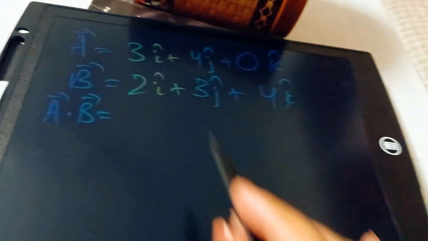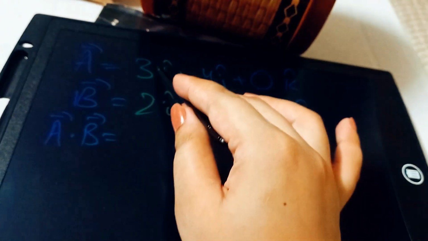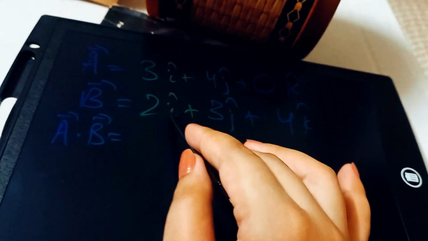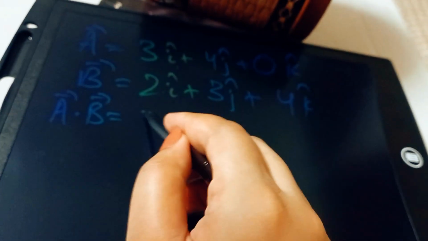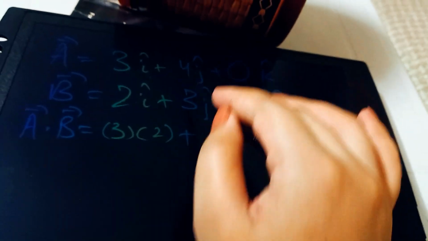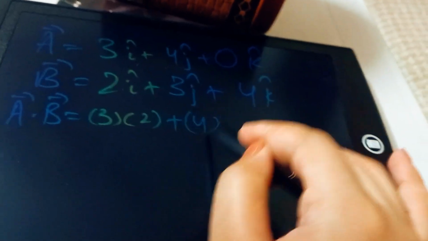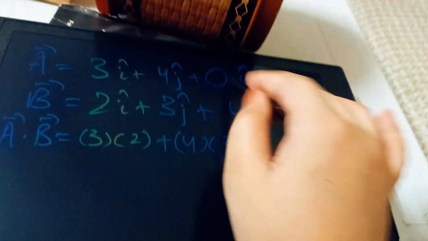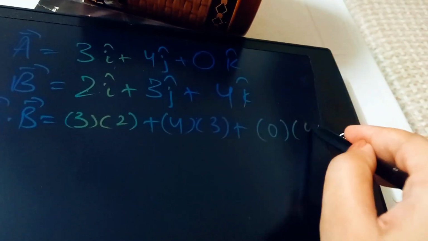So a dot b will simply be equal to their x components multiplied with each other, 3 and 2, y components multiplied with each other, 4 into 3, z components, which is 0 into 4.